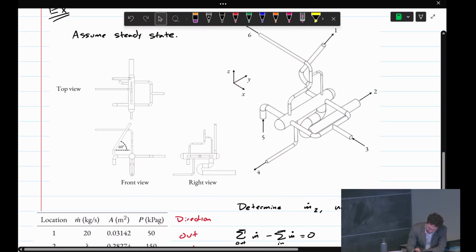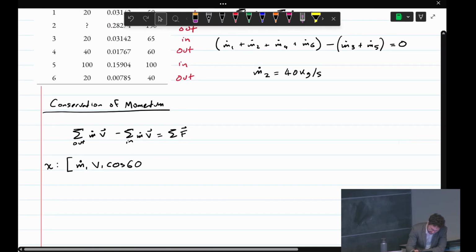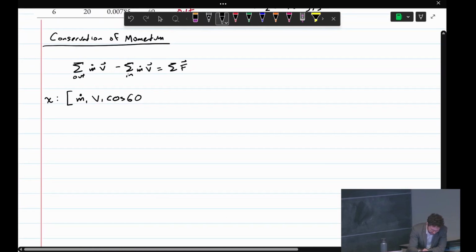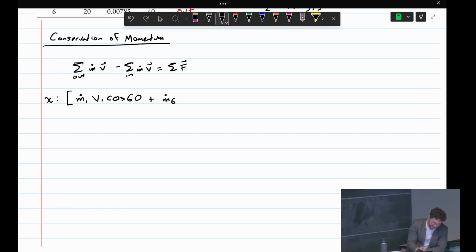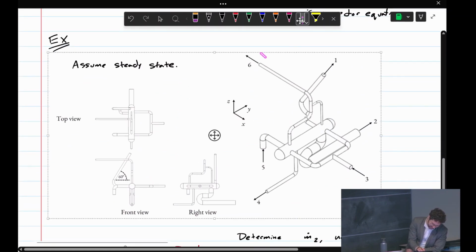Okay, so let's look. The other outlet we have in the x direction is 6. So again, we don't worry about signs. It's just m dot 6. Now, is v6 positive or negative?